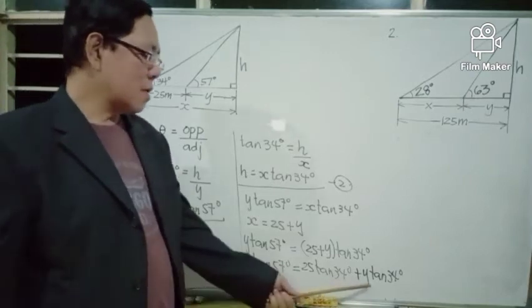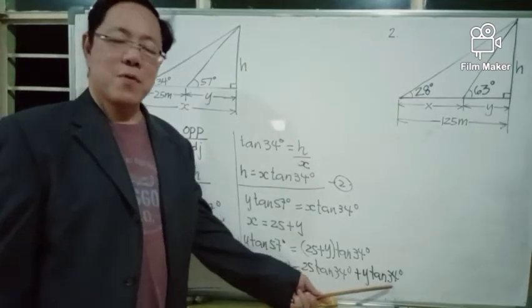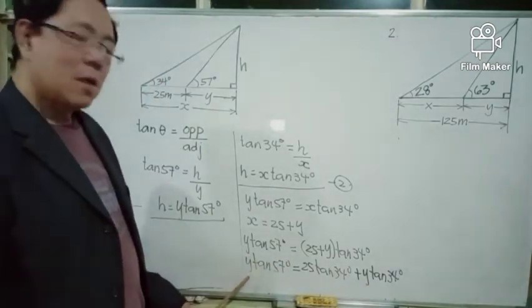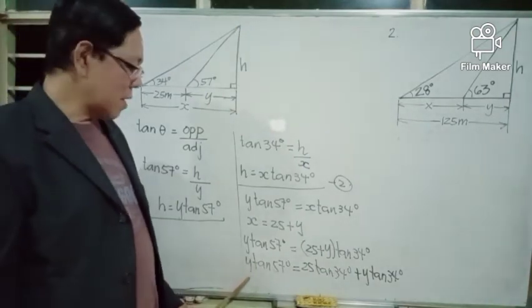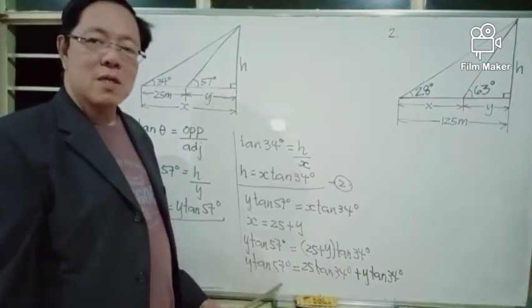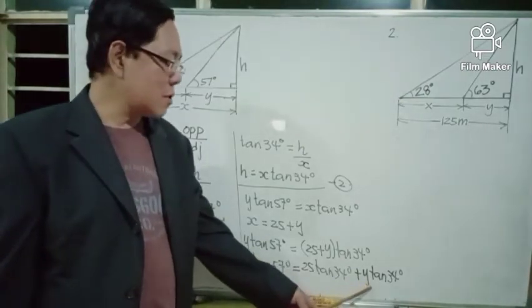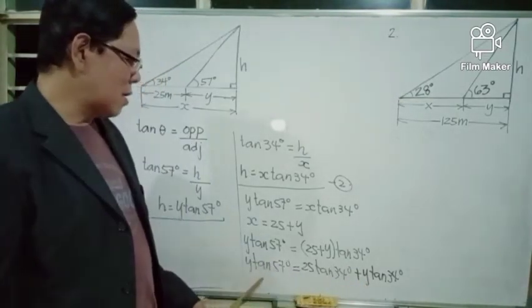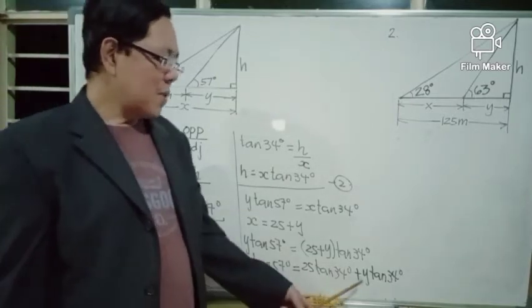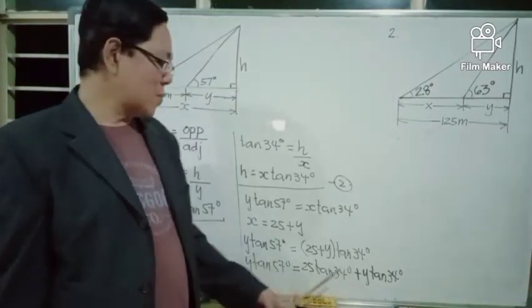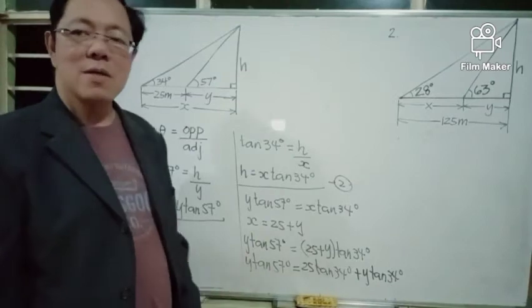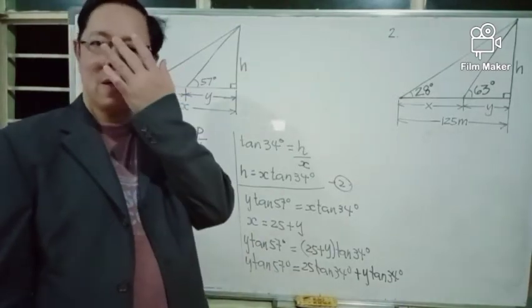To combine this y tangent of 34 degrees with this term at the left hand side, y tangent of 57 degrees, we transpose y tangent 34 degrees to the left hand side. And because it's positive, when we transpose that to the left hand side, we take its opposite.